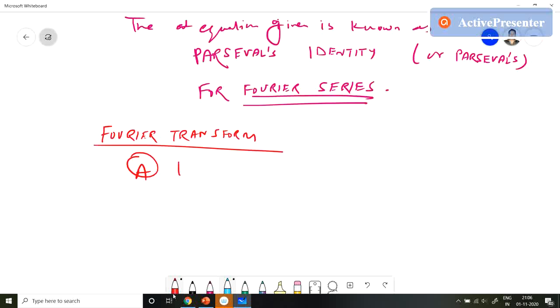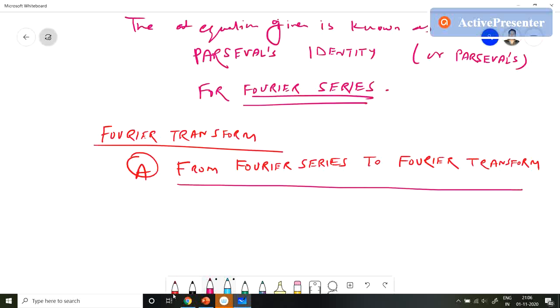From Fourier series to Fourier transform.